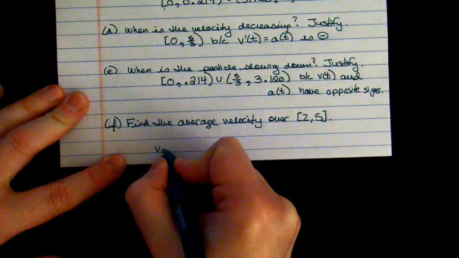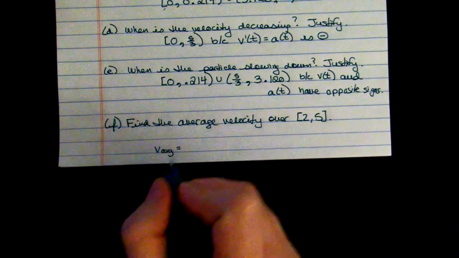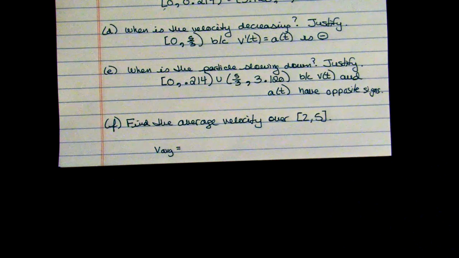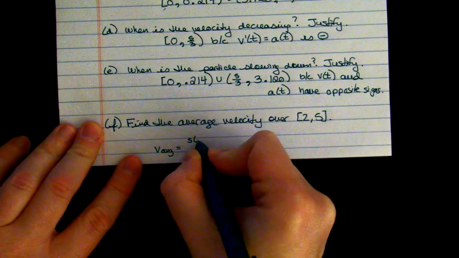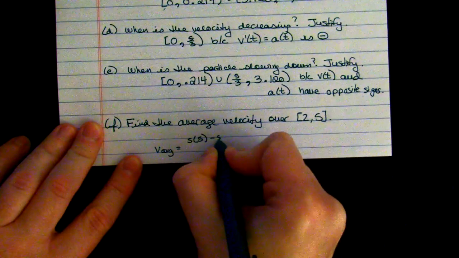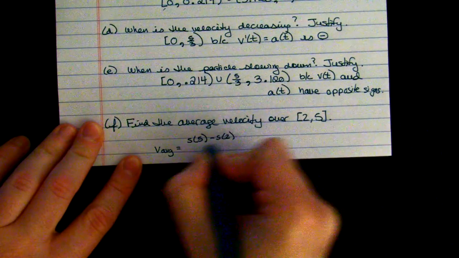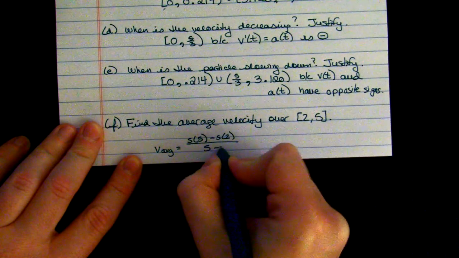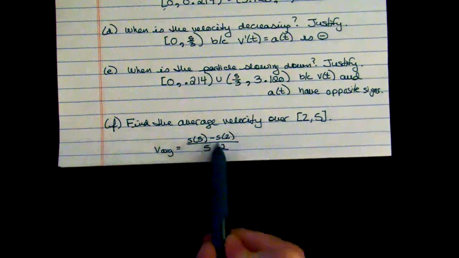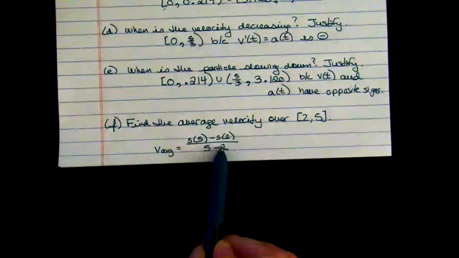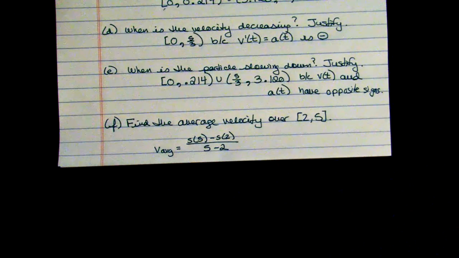As we said in the notes, is the average velocity the change in position over the change in time, or the change in velocity over the change in time? Should be change in position. Should be position at time 5 minus position at time 2 over 5 minus 2. Take a moment, go calculate these, because this is s, you're plugging into your position function, and then tell me what the average velocity is.